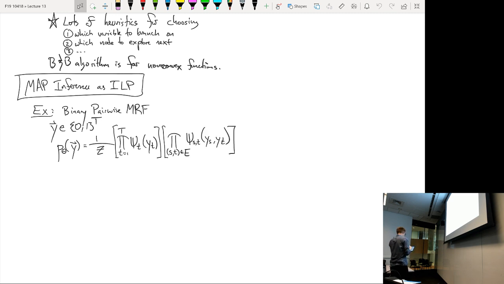So this is going to correspond to some undirected graphical model. It looks something like this.